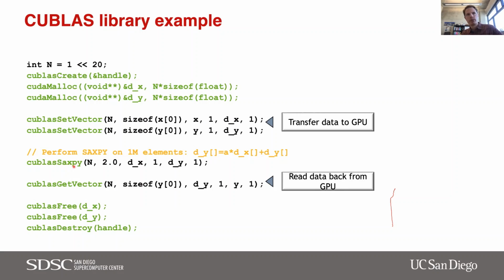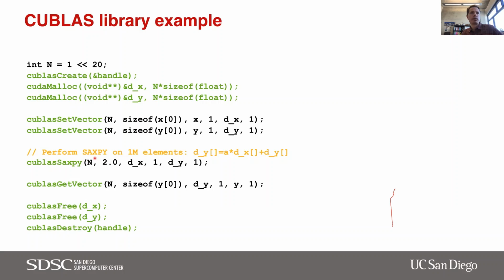It runs on the GPU, and when it's done, we copy the resulting data back. And then we call cuBLAS free, so we free the memory that we have allocated on the GPU. And that's basically all. This implementation is going to run on the GPU, and it will work the same way for any other function or subroutine that you have, either C or Fortran.